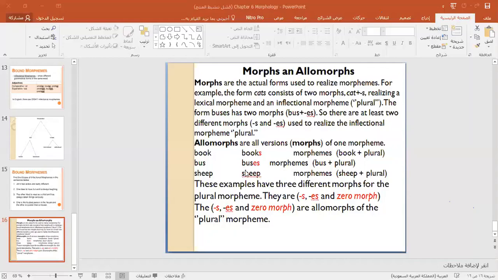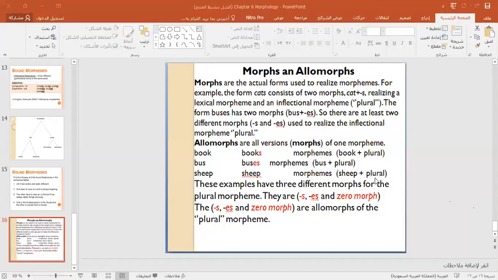What about sheep? One morpheme, one morph. But when it is plural, it has two morphemes, but one morph. You see only one morph in front of your eyes, the actual form. But morphemes, if it is plural, it has two morphemes, sheep plus plural.